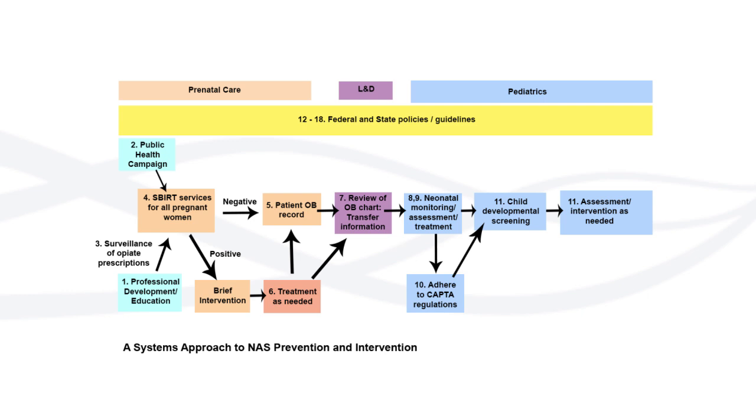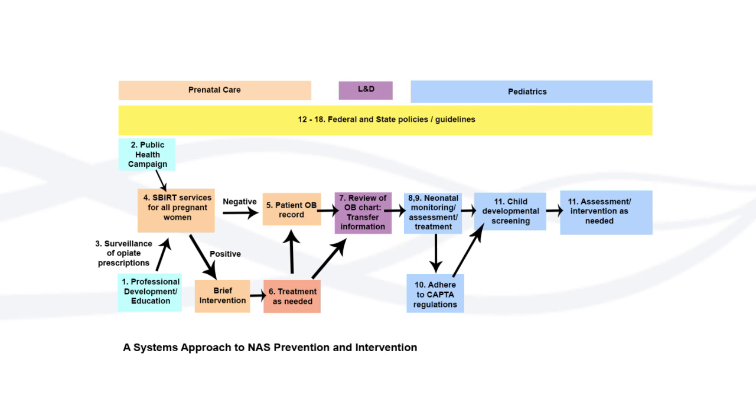We have to provide education on the impact of prescription and non-prescription opiate use and abuse on pregnancy and neonatal outcome. We also must promote the use of validated screening and brief intervention approaches for pregnant women, to identify those at risk and to link them to the appropriate level of treatment.